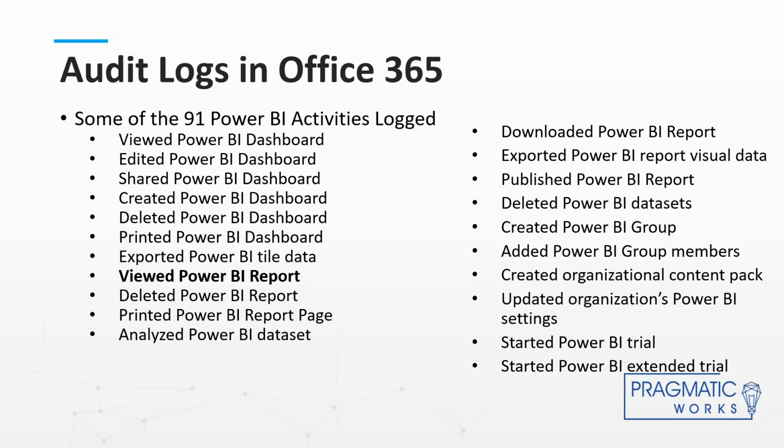I shared it with whom? I've updated something. All this stuff is being tracked in Office 365 audit logs. Now, what I will caution you on is that those audit logs typically are not available to you. They're not available to Power BI admins directly in most cases. A lot of that is handled by the Office 365 team and the admins there.